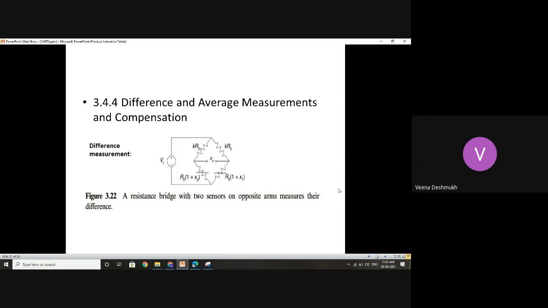So by taking care of these parameters, the bridge as a whole can be made stable.